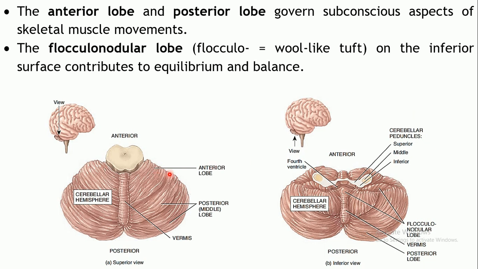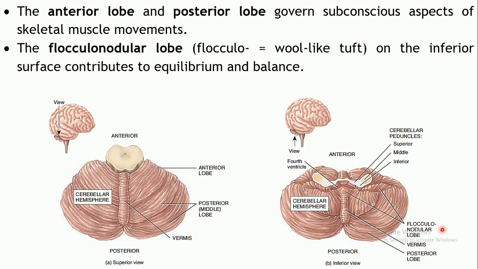Now the anterior lobe and the posterior lobe, also known as the middle lobe, usually govern the subconscious aspects of skeletal muscle movements. And there is one more lobe known as the flocculonodular lobe. Flocculo means wool-like tuft, as you can see, this one and this one.